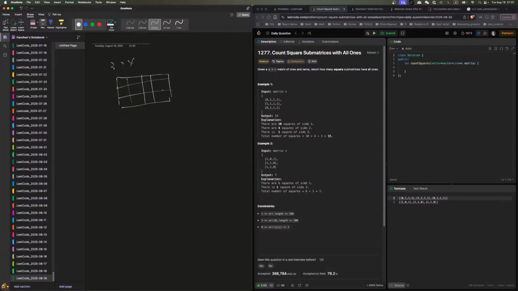Can you compute really fast? 3 times 4, we have 12 with size 1, and size 2 is going to be 3 minus 1 times 4 minus 1, that's 2 times 3, that's 6. Size 3 will be 3 minus 2 times 4 minus 2, that's 2. So in total we have 20.